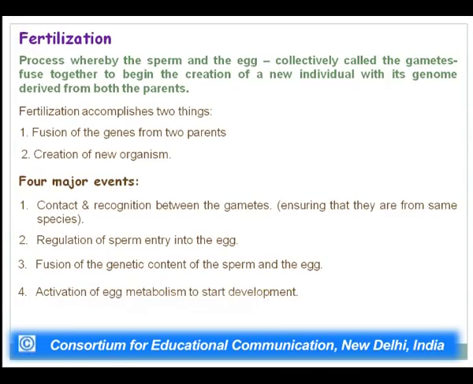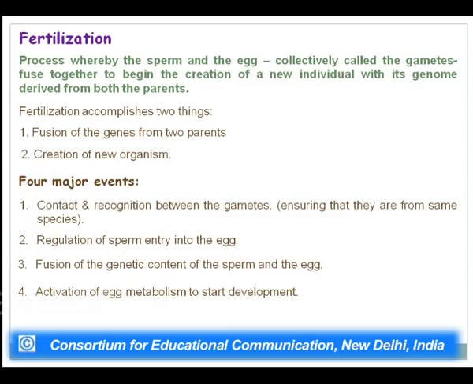So the two gametes coming from two different parents need to come in contact with each other, and need to recognize that they are species specific. Then there has to be a regulation of sperm entry, because if it is a monospermic fertilization, then usually only one sperm fertilizes the egg. So there has to be a regulation that only a single sperm enters the egg.